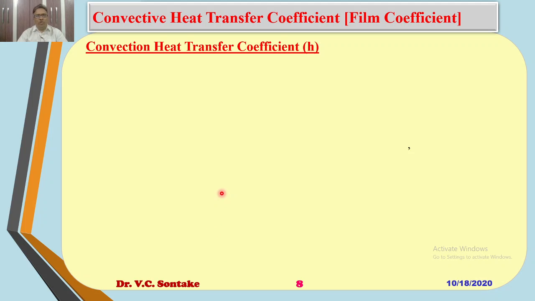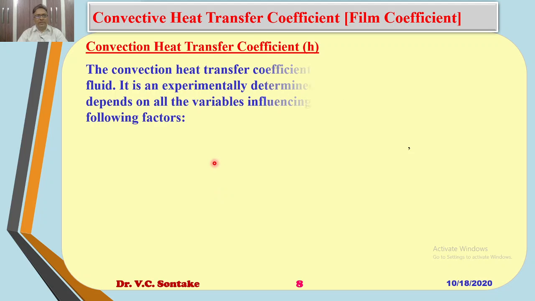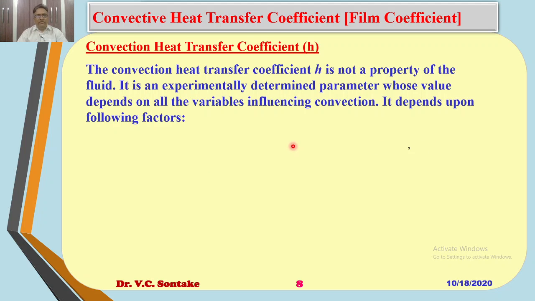Now let us have some more insight into the convective heat transfer coefficient. The convective heat transfer coefficient h is actually not a property of the fluid. The value of h can be determined experimentally, and its value depends upon all the variables influencing convection, particularly the fluid properties.